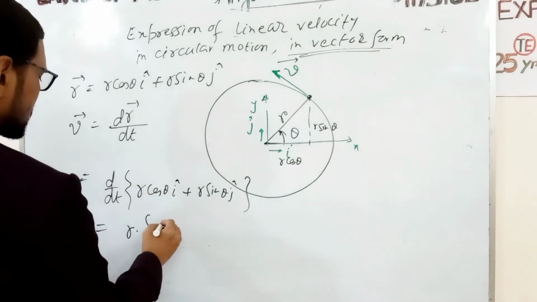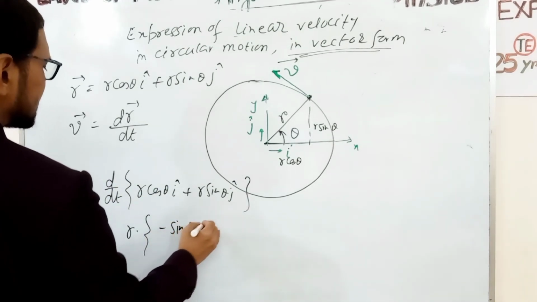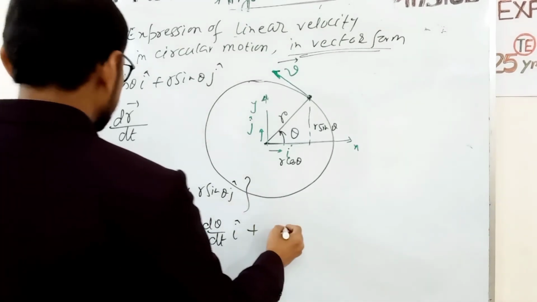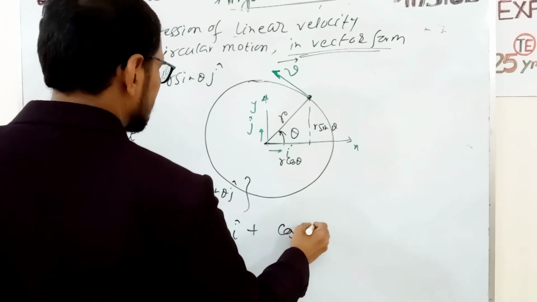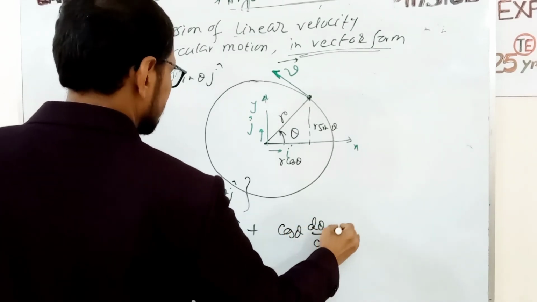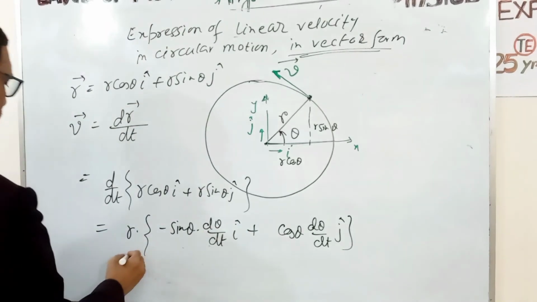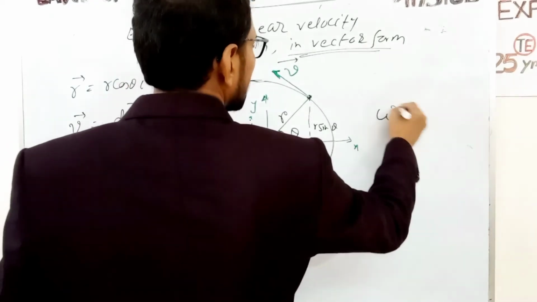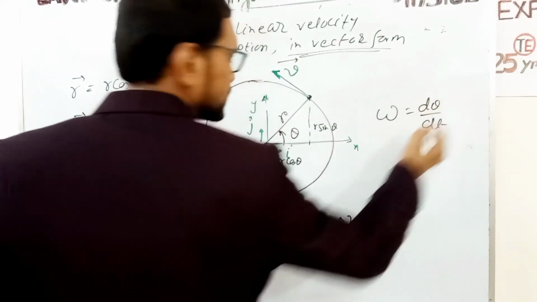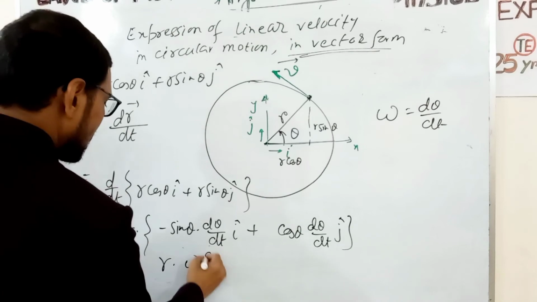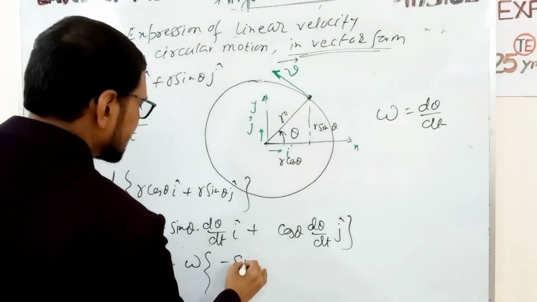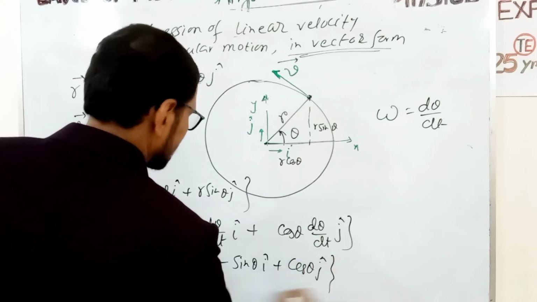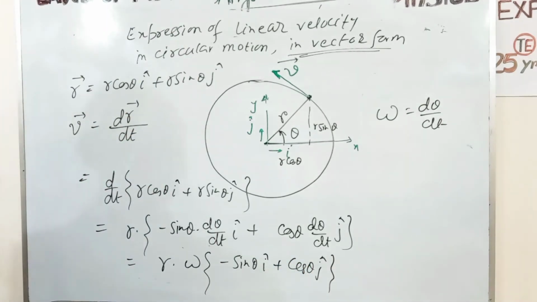Now d by dt of cos theta is minus sin theta into d theta by dt, plus the derivative of sin theta is cos theta into d theta by dt, j. Now take d theta by dt common, which is equal to omega. We know omega equals d theta by dt. So omega r into minus sin theta i plus cos theta j.